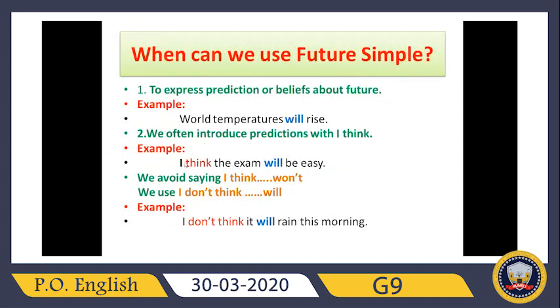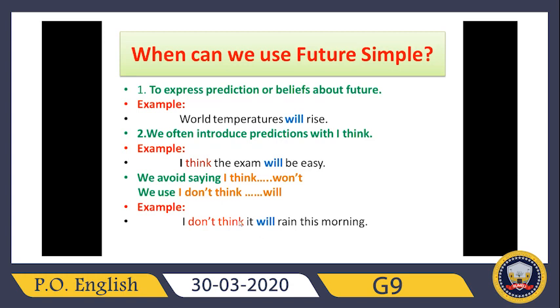Here I can put I think, or I can omit it, like here. Here I don't put I think. Here I put I think. So I can put I think or not with the future. If I want to say that something will not happen, I can say I don't think it will rain this morning.